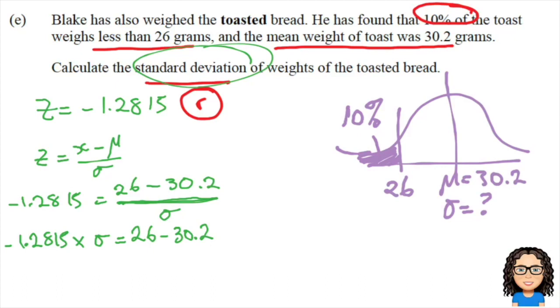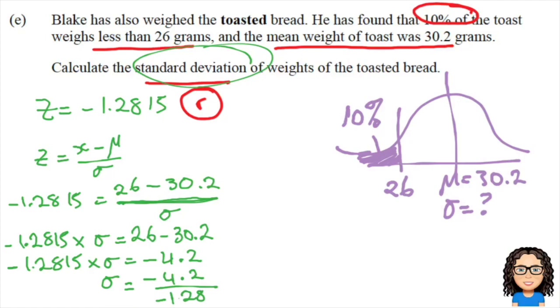Now let's just simplify that. Negative 1.2815 times the standard deviation is negative 4.2. Now I need to just get the standard deviation by itself. That's what I'm trying to do. So I want to get rid of times negative 1.28. The opposite of multiplying is divide. So I'm going to get negative 4.2 divided by negative 1.2815.